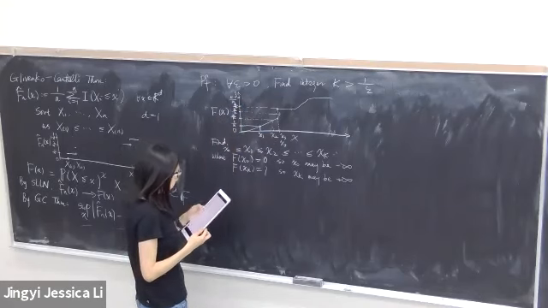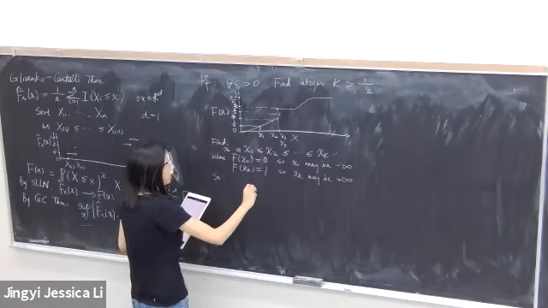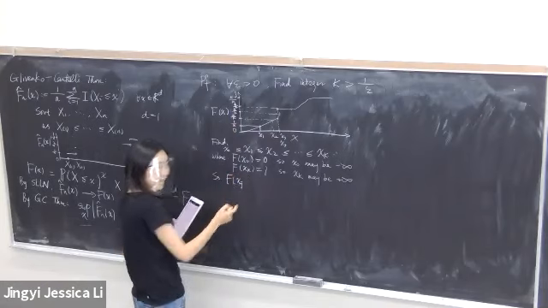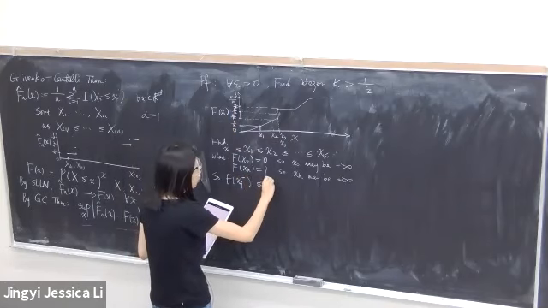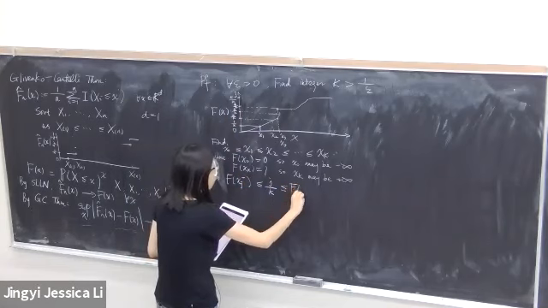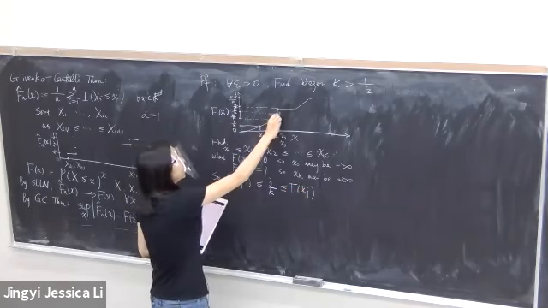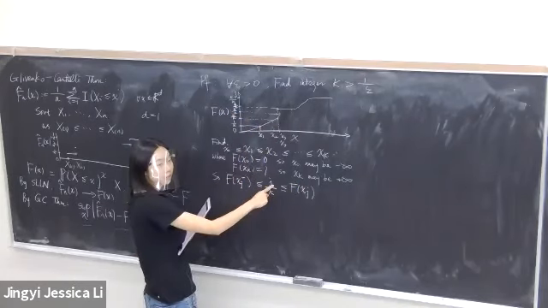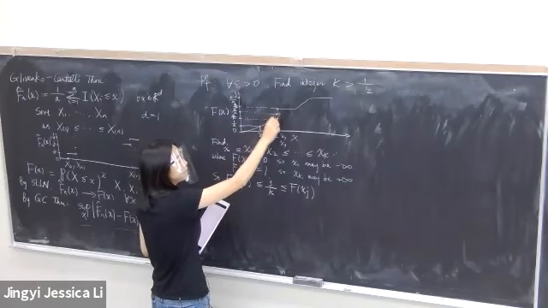I will be able to have, for any j, F(xj-) less or equal than j over k less or equal than F(xj). This is just thinking about this case for 3 over k, for k equals 3 in my example, because it reaches the middle of the jump.